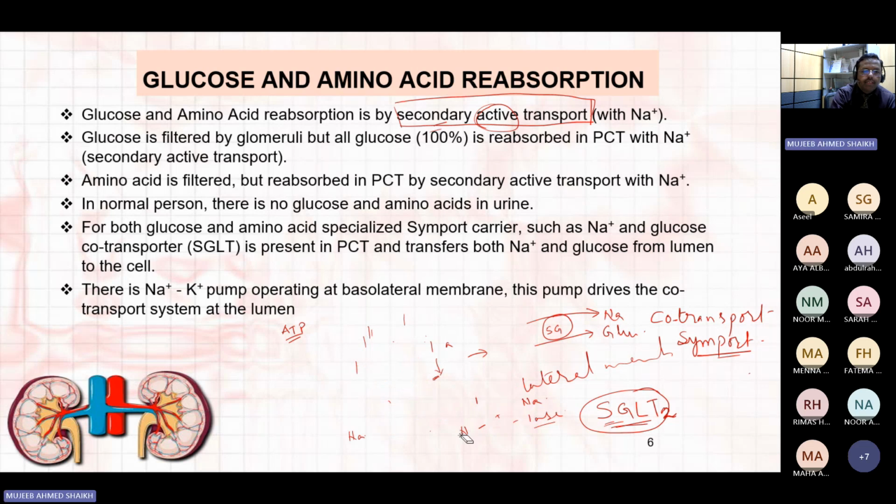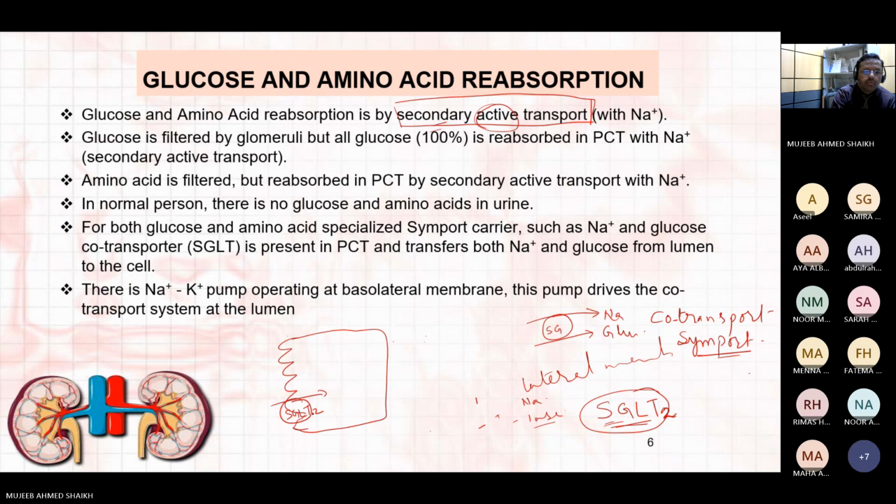And I will draw only the cell now, the epithelial cell. So same, here is the luminal border and here is the basolateral border. And here is the channel. This is known as SGLT2, which will throw sodium and glucose together inside.